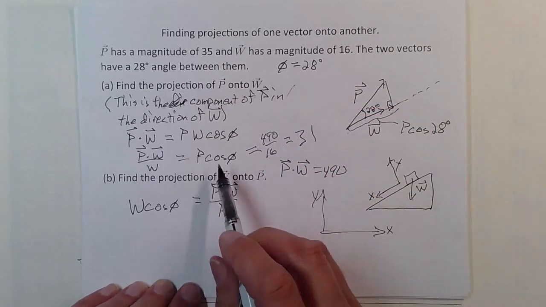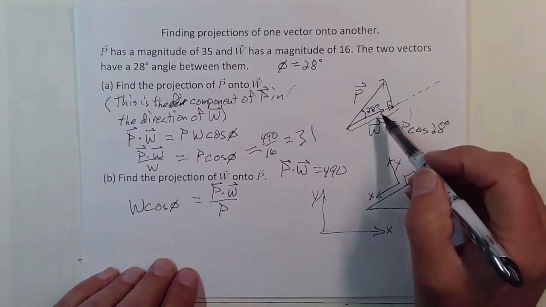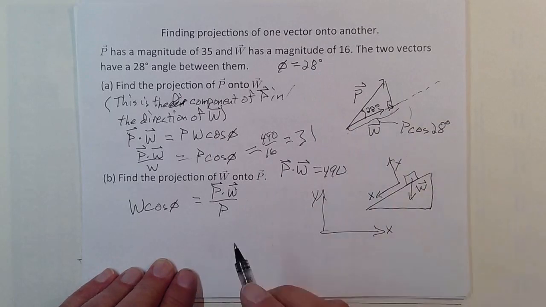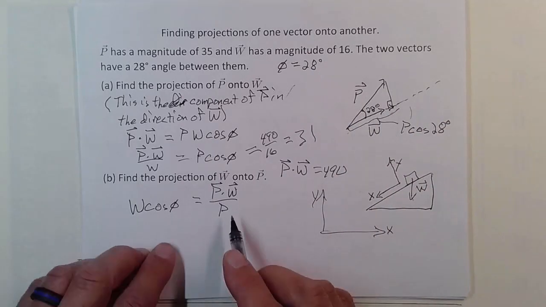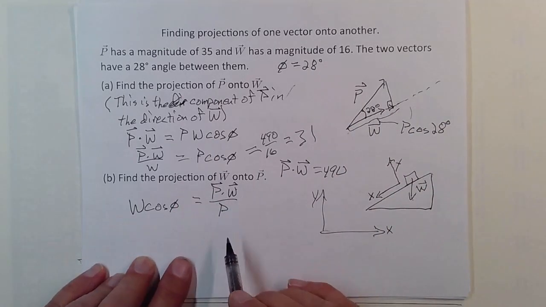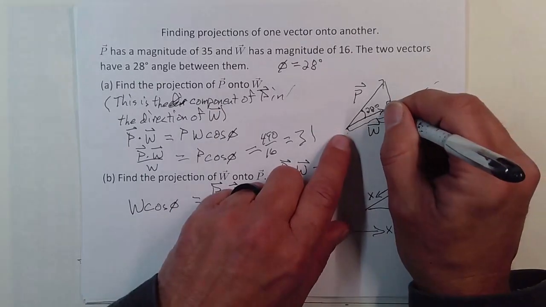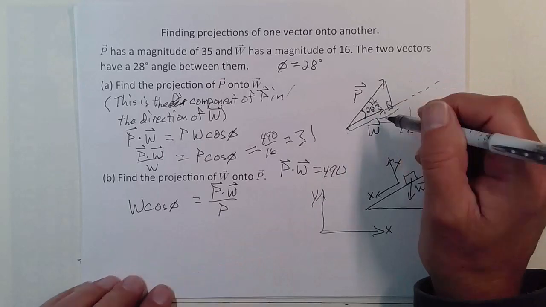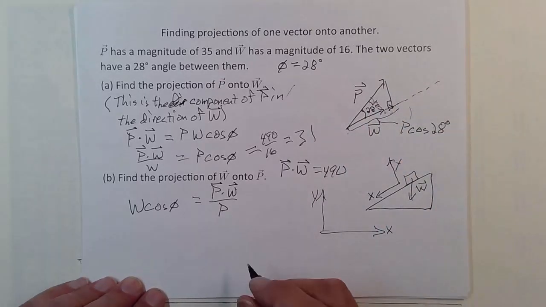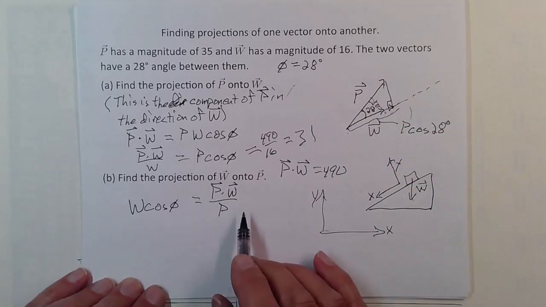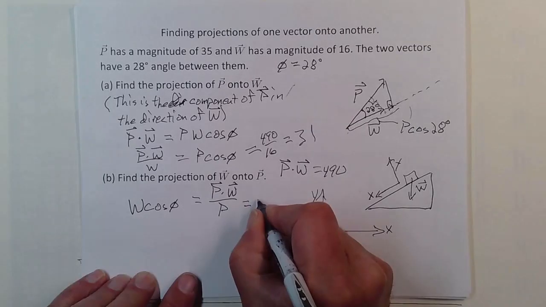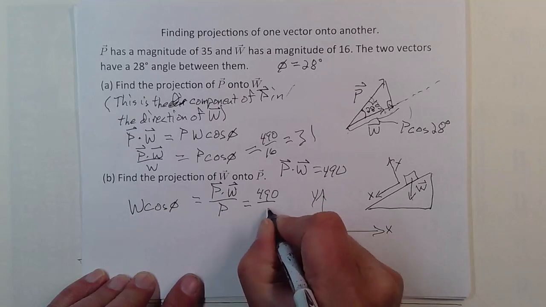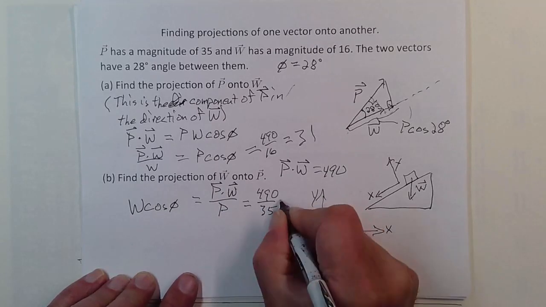So that would be the projection of p onto w, and it's actually almost twice as long as w, so it's going to extend quite a ways beyond there. And then the projection of w onto p, making another imaginary little right triangle in there, would also be about 490 divided by the magnitude of p, which is 35.